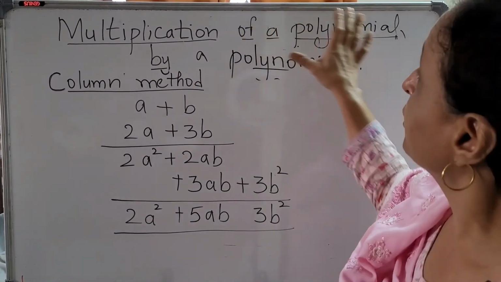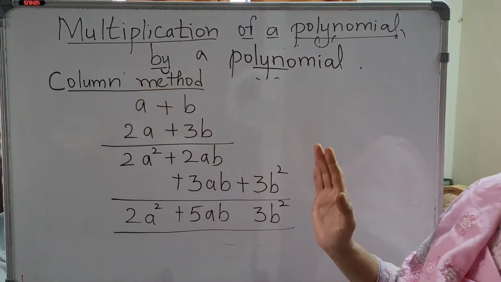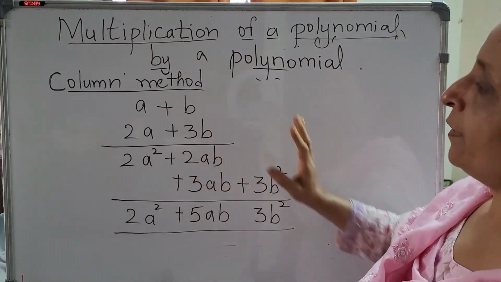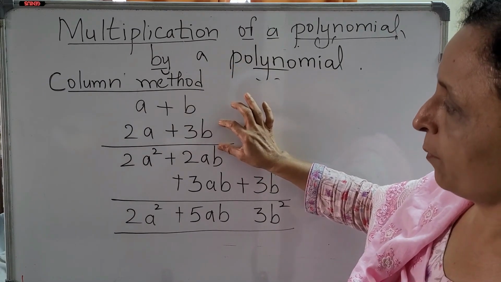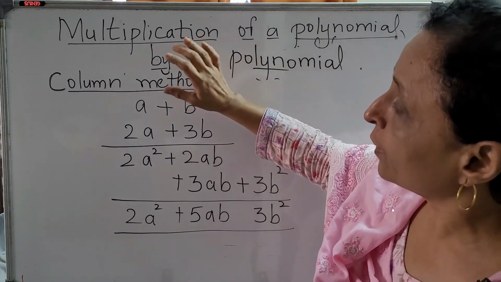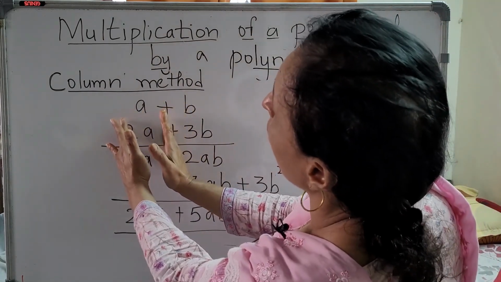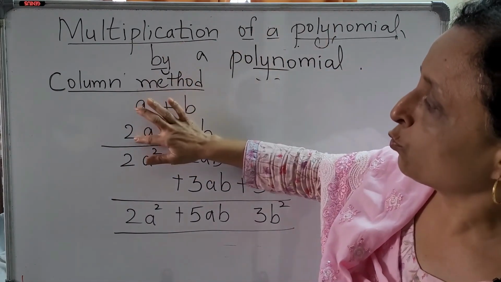Now, multiplication of polynomials by the column method. This column method is very simple. This is one polynomial, this is another polynomial. What you do is, you take one term of the lower polynomial. Let us take 2a.